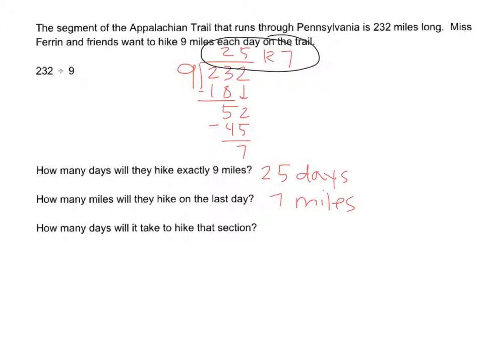And then the next question says, how many days will it take to hike that 232 mile section? So I kind of have to think about this. I know 25 days will be that 9 miles, but then I have one more day where it's going to be 7. So if I combine that, that is going to be 26 days that it will take. 25 will be the 9 miles, and then one day will be 7 miles.